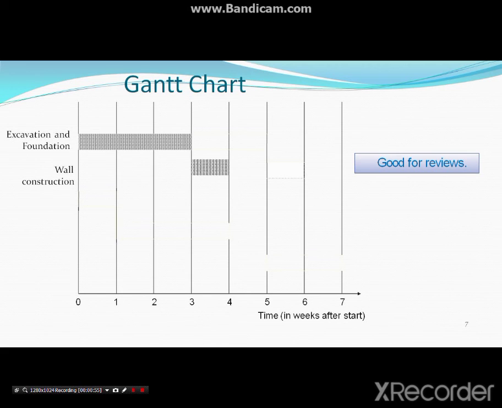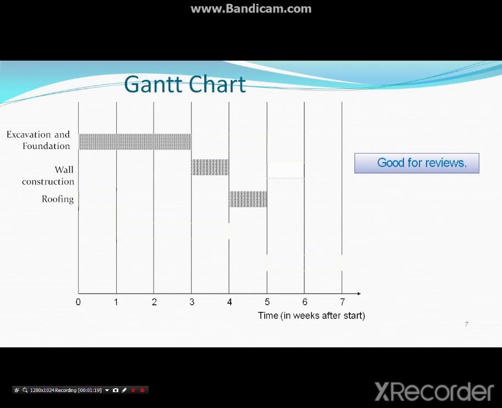So wall construction will start only and only after excavation and foundation. After wall construction, there will be roofing. The sequence of activities is there, and that is pictorially represented in the bar chart. So this is the way how it is done.